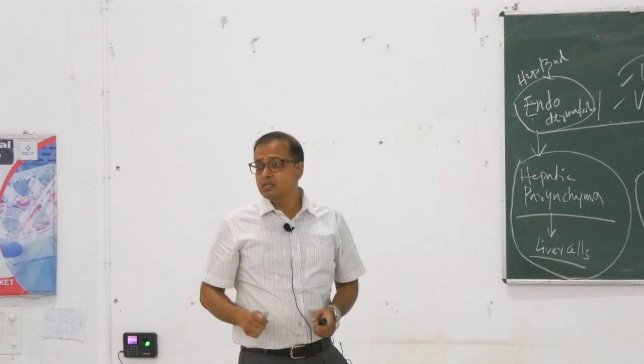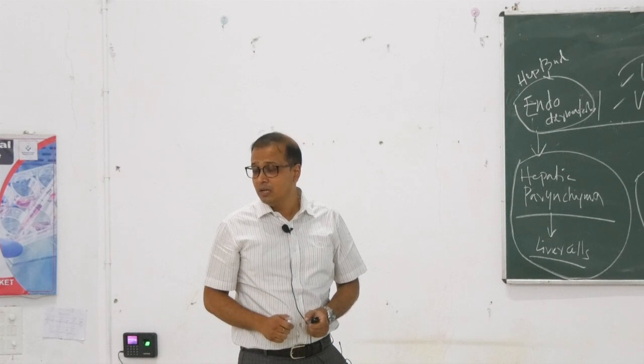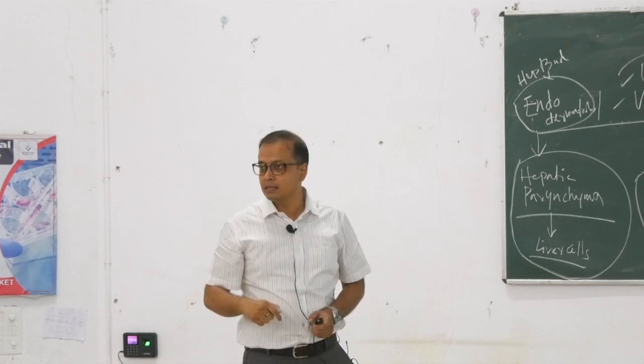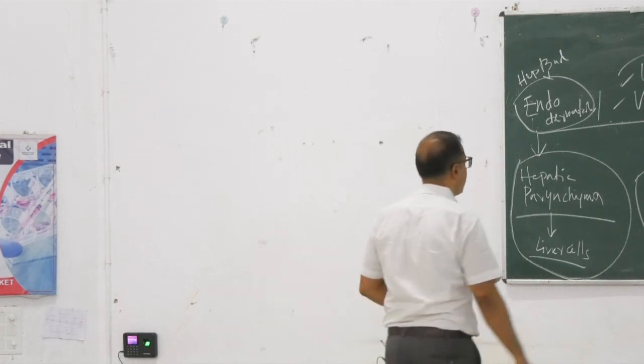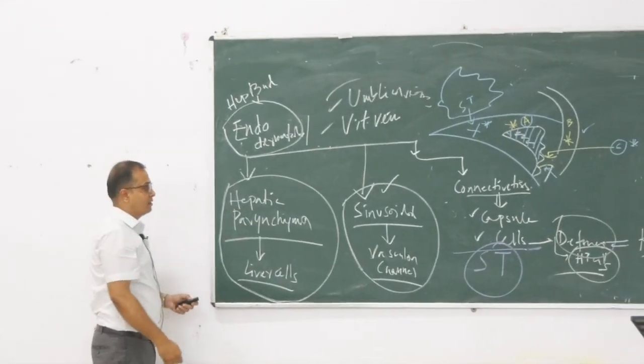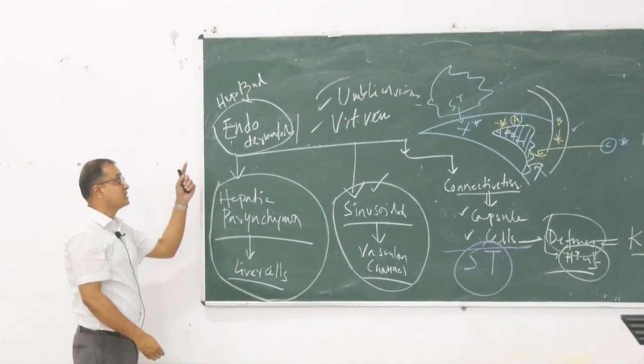Now, within this liver tissue or liver parenchyma, we have intrahepatic biliary channels. Those intrahepatic biliary channels also develop from this hepatic parenchyma, which is coming from this endodermal tube.